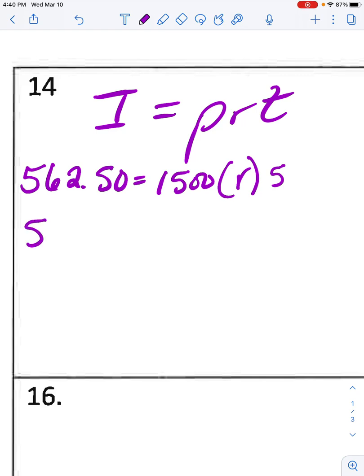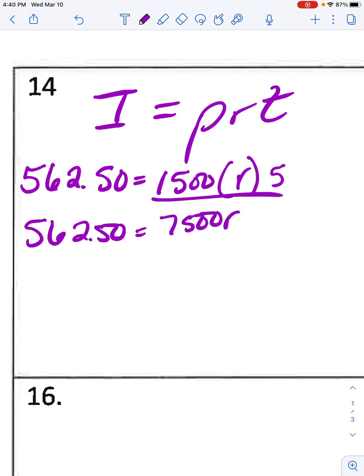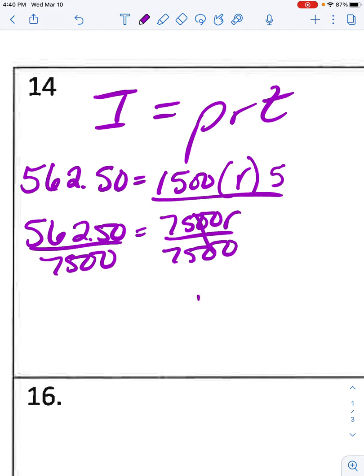Okay, so we will solve what we know on the right. 1,500 times 5 is 7,500 times some unknown interest rate. And then to solve for R, we will get rid of that 7,500 by doing the inverse operation.